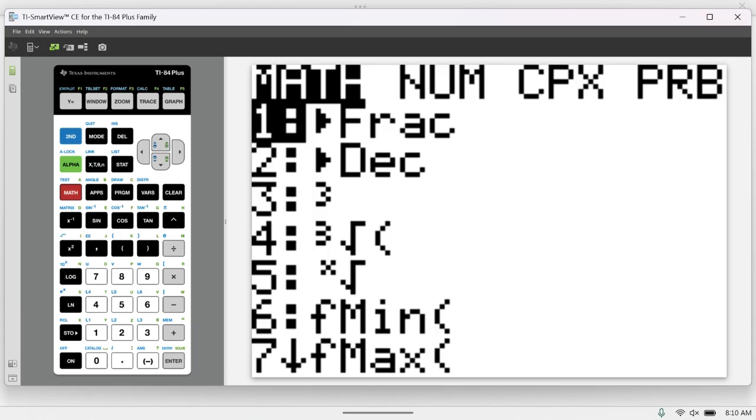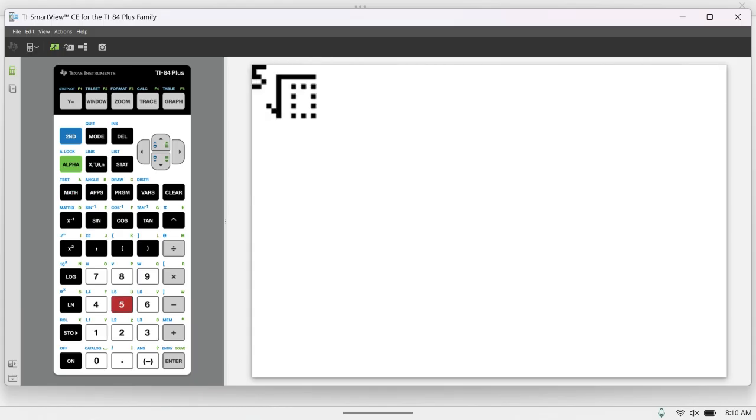This means that you can make any type of radical you want: 5th root, 4th root, 100th root, whatever. If you hit 5, that's why you had to type the 5 first, it'll take that 5 we already typed and make it your index for the radical. Then we can type in 32 underneath. And it is, in fact, 2.